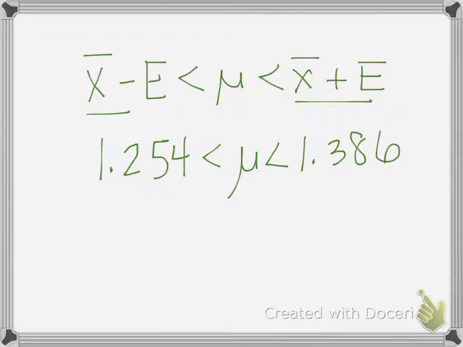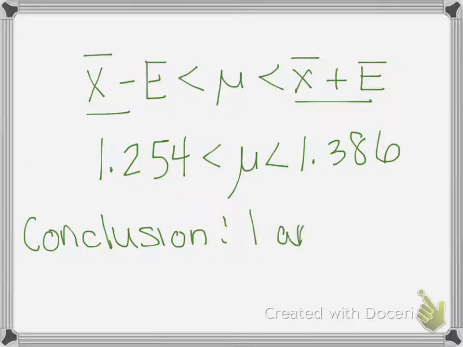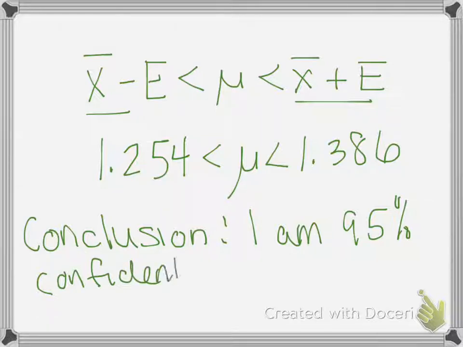And sometimes you may need to write a conclusion as well. So just be aware of that. And you're going to state it like that. I am 95% confident. And then you would state what's going on in the question.